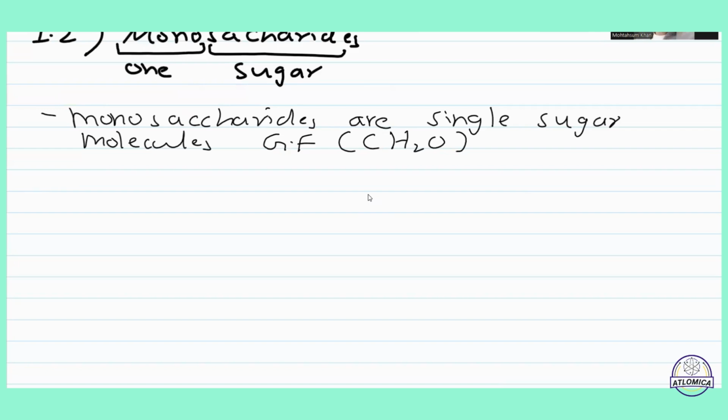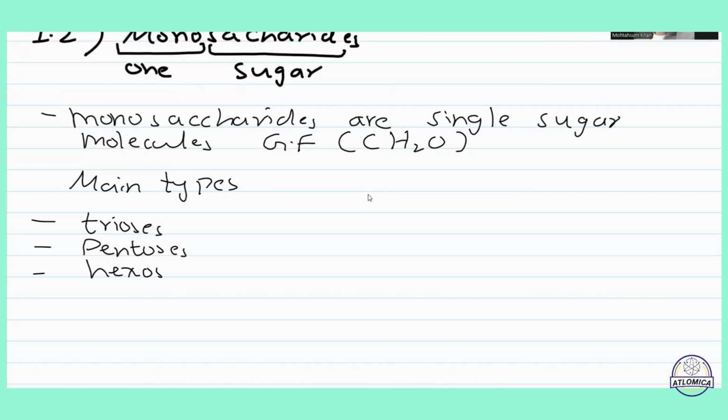The main types of monosaccharides are, what are the main types of monosaccharides? We have trioses, pentoses, and hexoses. It's a bit baffling, but once you understand, you'll gain command.